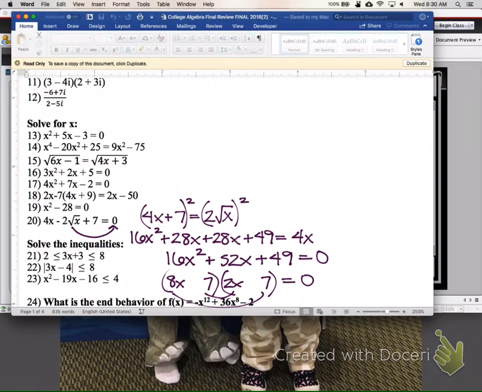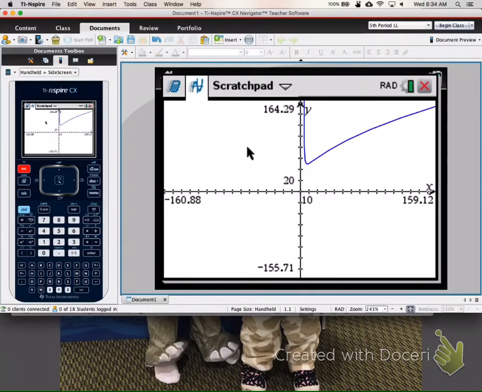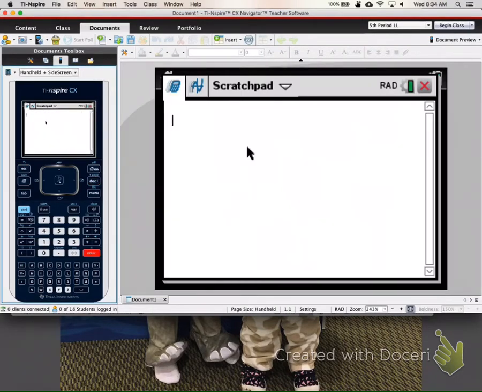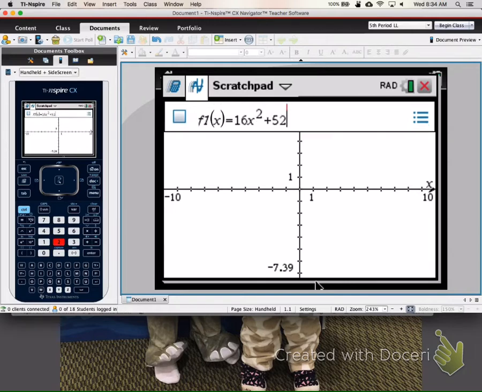I'd go to graphing. So if I were you, I'm going to get rid of my table here, and I'm going to go back to my normal graph, just clear everything out here, and I'm going to graph my equation. 16x squared plus 52x plus 49.